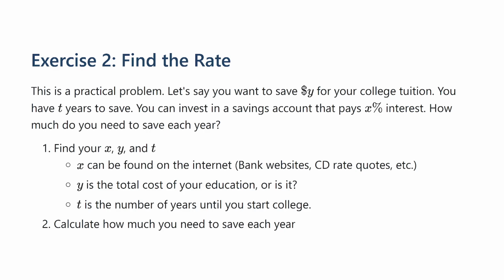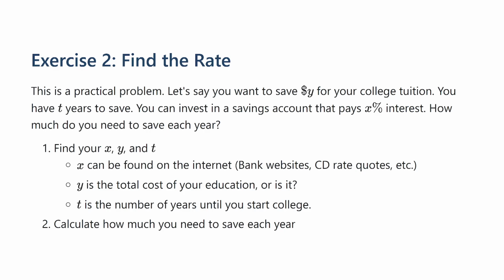Let's say you want to save $Y for your college tuition. You have T years to save, and you can invest in a savings account that pays X% interest rate. How much do you need to save each year? It's sort of a reverse process.